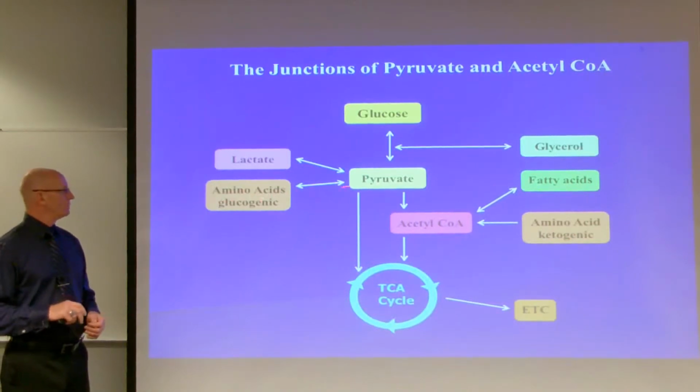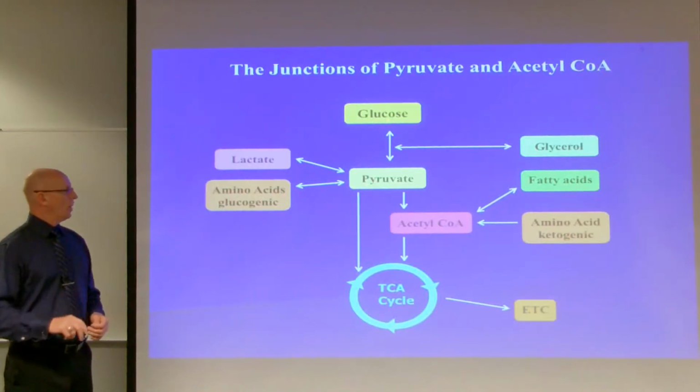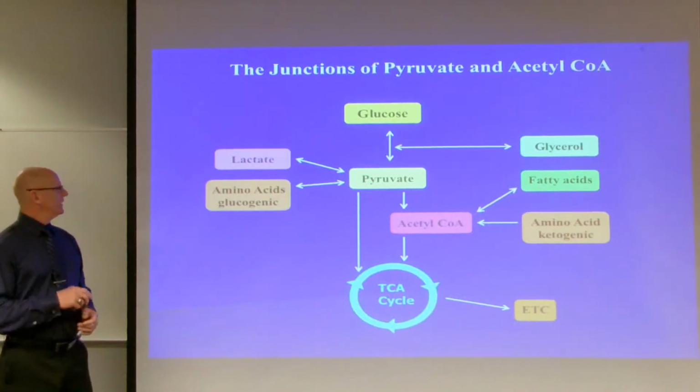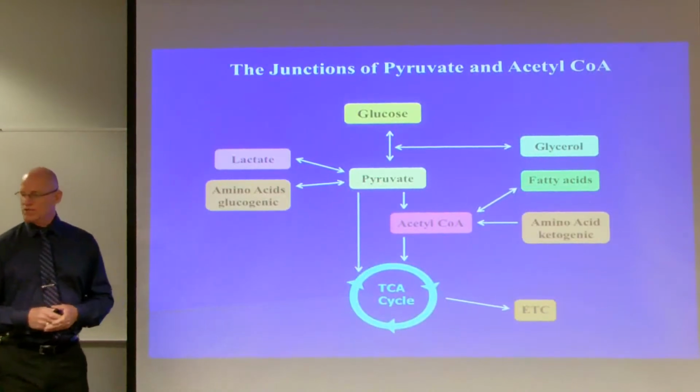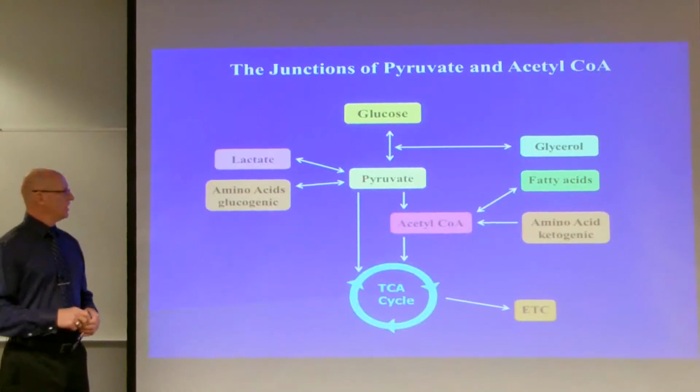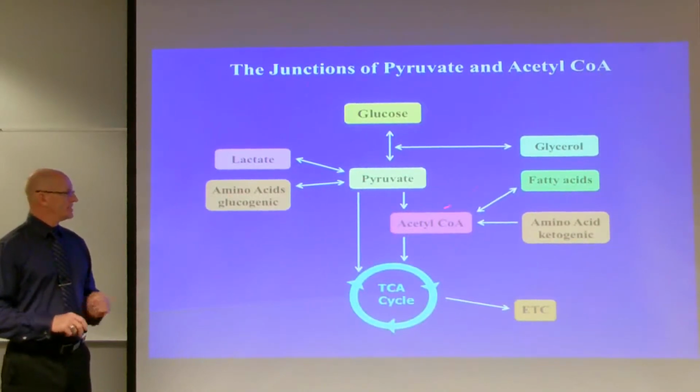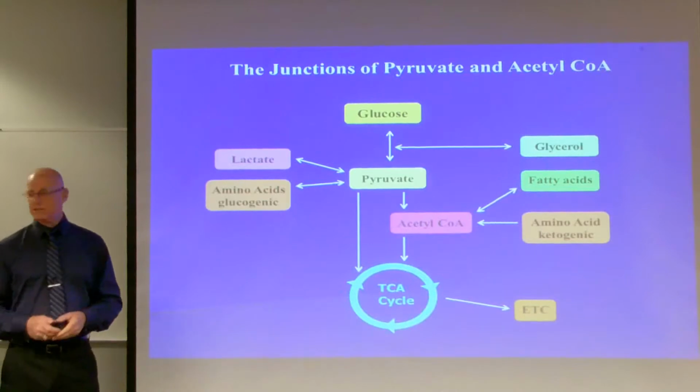And these are glucogenic, meaning they can make glucose, and these amino acids can actually make fatty acids. And then the lactate, again, like I said, pyruvate can go to lactate, and lactate can go back into pyruvate. So that's the overall look at the junctions of pyruvate and acetyl-CoA. But acetyl-CoA cannot go back to pyruvate. It's the committed step to go either into the citric acid cycle or possibly make fatty acid.